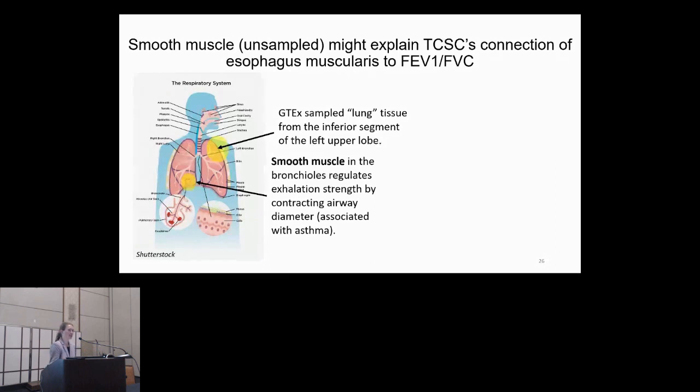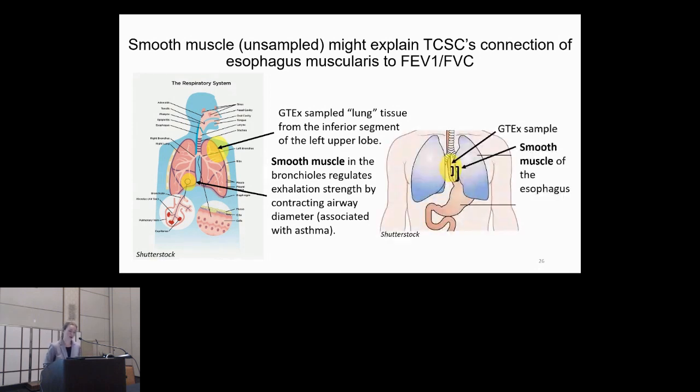However, and this is part of the connection that I'm trying to make with this trait, smooth muscle cells are actually in a different part of the lung. And these smooth muscle cells are well known for regulating the strength of one's ability to exhale, in terms of contracting the airways. This is also associated with asthma and other lung traits or diseases.